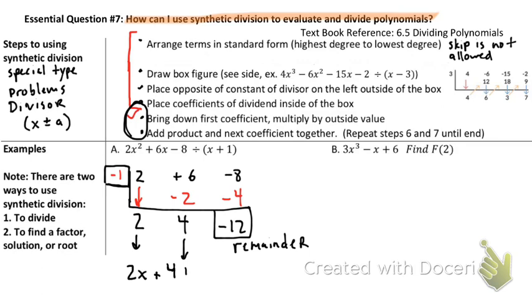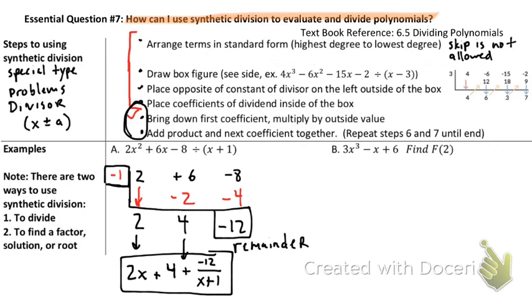So that's going to be plus a -12, and we divide it by our divisor. So our divisor was x plus 1. So our divisor is going to go here. And that is our final answer.